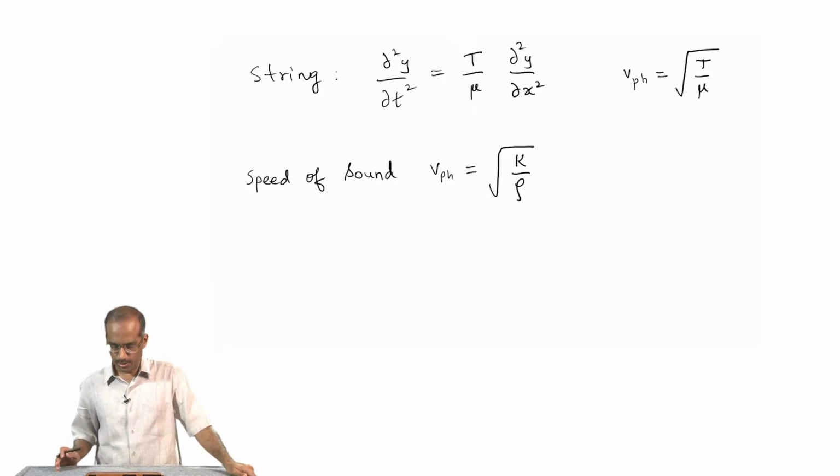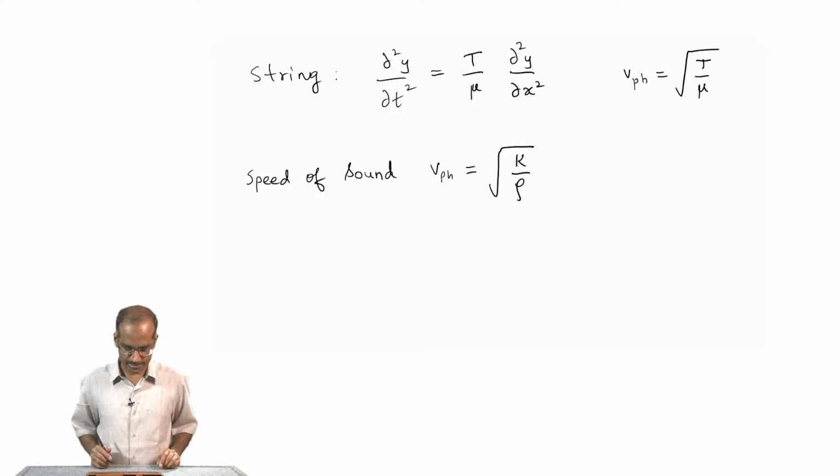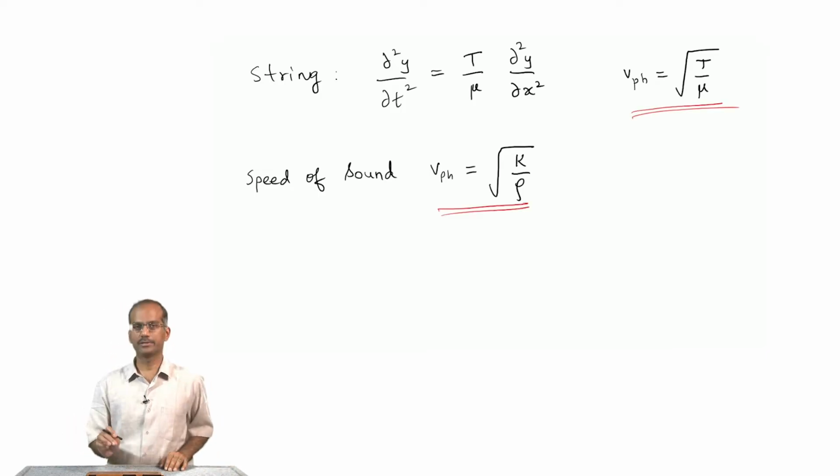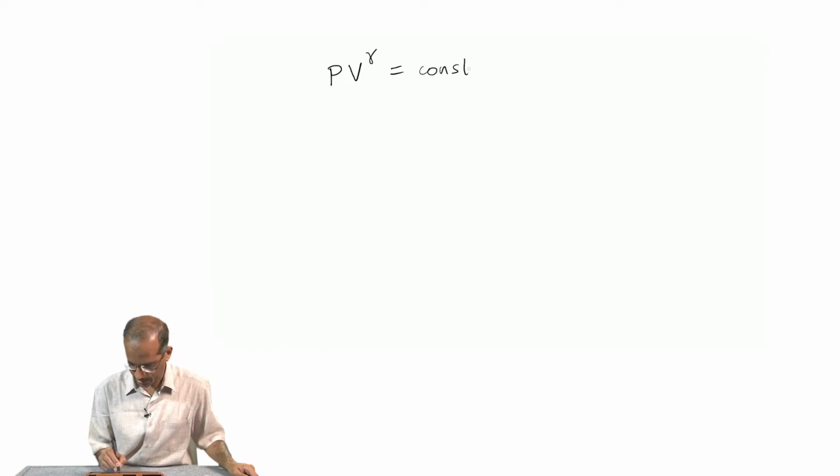K is the bulk modulus and rho is the density of the gas. Now, let us go and replace this bulk modulus in terms of pressure. The starting point here is the ideal gas law for an adiabatic process. So, I am going to start with PV^gamma is a constant.